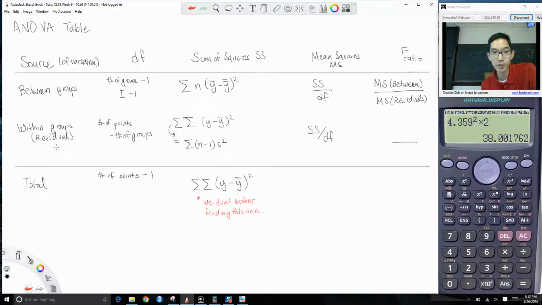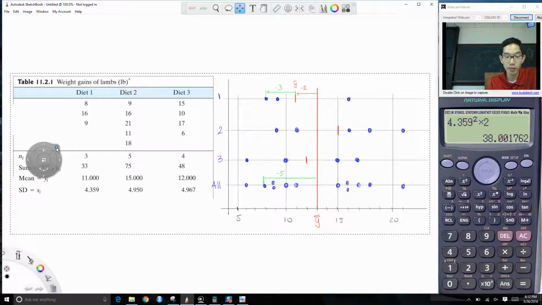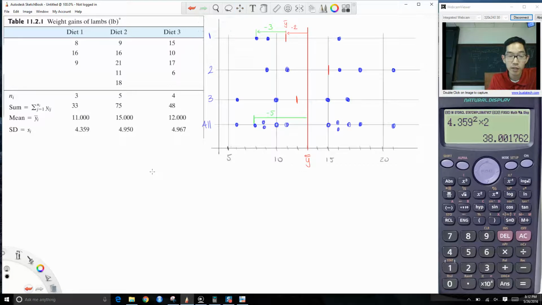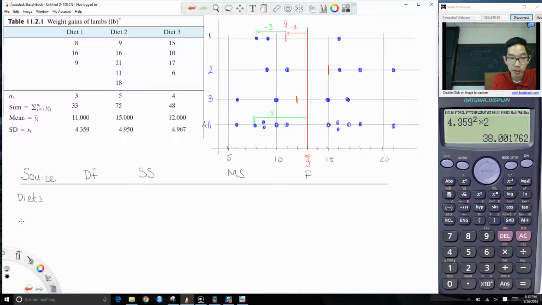If we were to create an ANOVA table for our data set, we have the source, the degrees of freedom, the sum of squares, the mean squares, and the F. The source is between the groups, or basically the diets, and then we have the residuals.